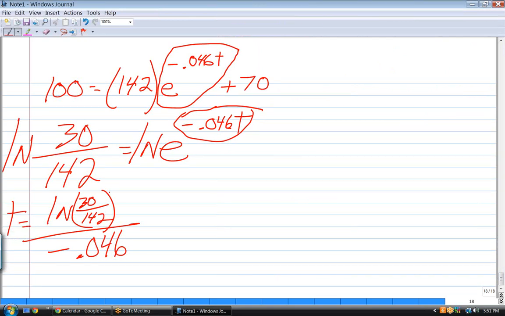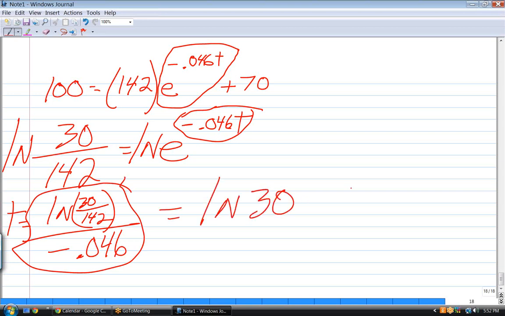T is equal to this whole thing, but it's a little complicated. It's a little strange looking. Could you just change the top part to natural log 30 minus natural log 142? Now, what do I do with the denominator? Would you just keep it the same?